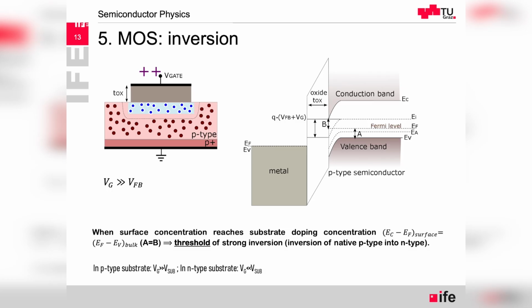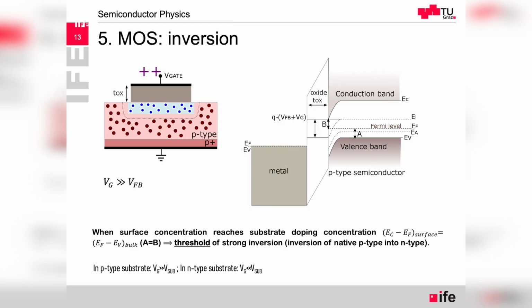And at some point, it will get so close to the conduction band that the difference between the Fermi level and the conduction energy just close to the gate interface, marked A in the arrows, is just the same as B, deep in the substrate where we don't have the influence of the gate electric field, the difference between the Fermi level and the valence energy. So A equals B, that's the condition that we call threshold.